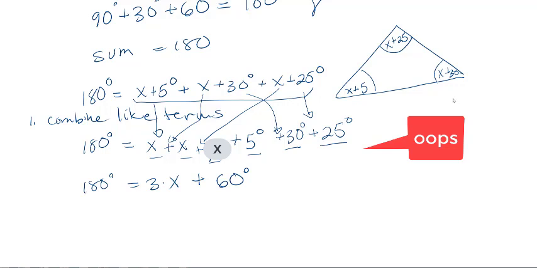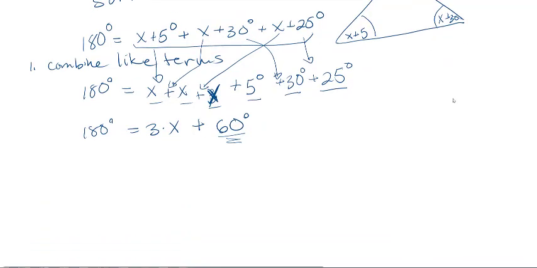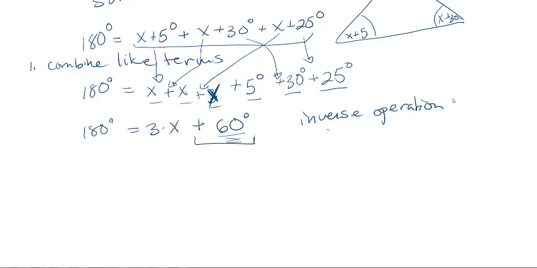Our next step will be to combine all the constant terms. To do that, we have to move 60 to the other side, and we do that again by using the inverse operation to plus 60. The inverse operation to plus 60 is minus 60. So we take minus 60 from both sides of the equality.